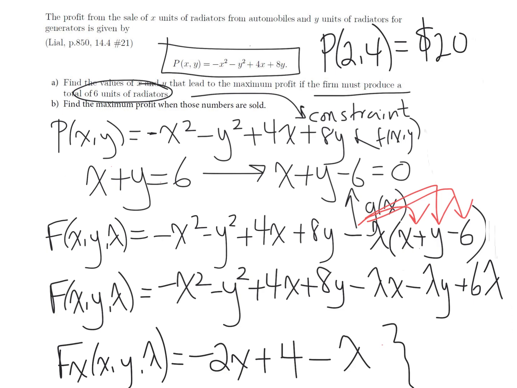I have one more question to do, I think, with you. How are we doing with those? So, function, constraint, right? First derivatives equal lambda, set them equal to each other and solve.